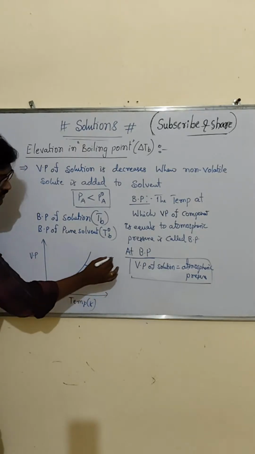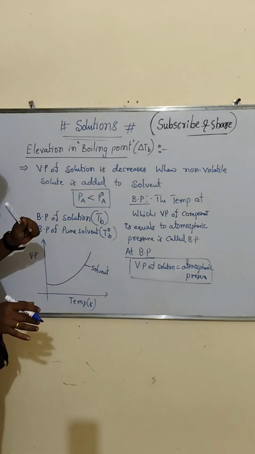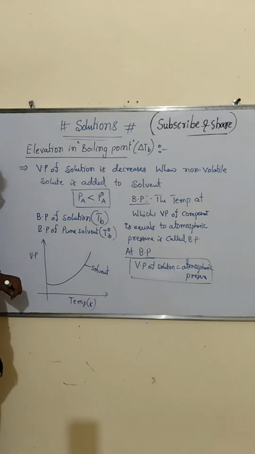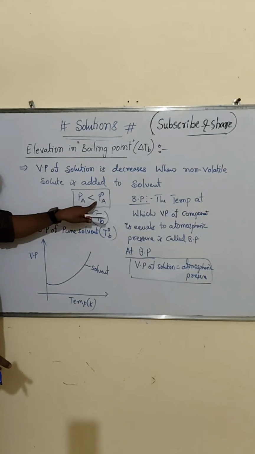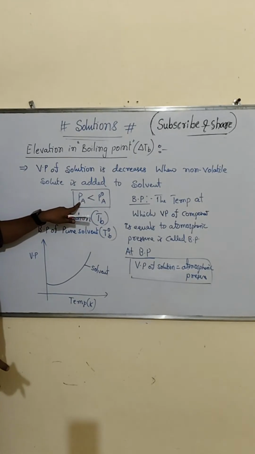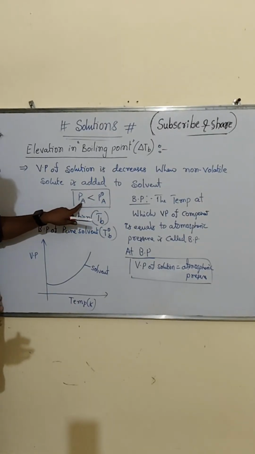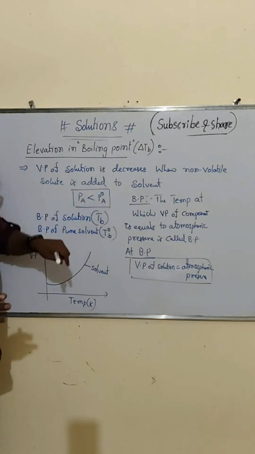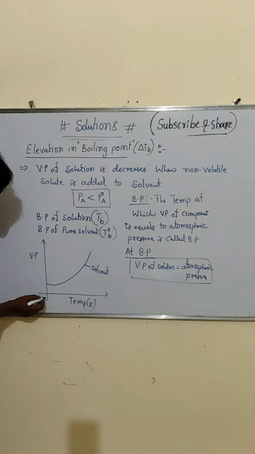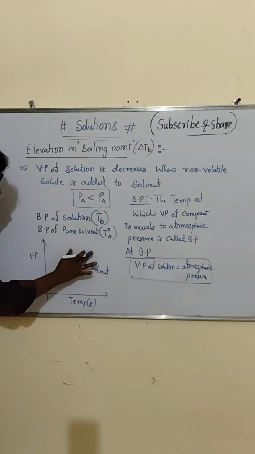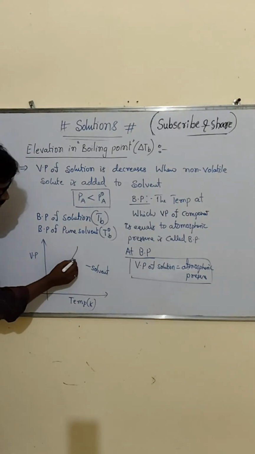Then now the vapor pressure of solution if you take. I told you that the vapor pressure of solution is less. Clear, my dear students? The vapor pressure of solution is less than that of the vapor pressure of pure solvent. So this is for the pure solvent.